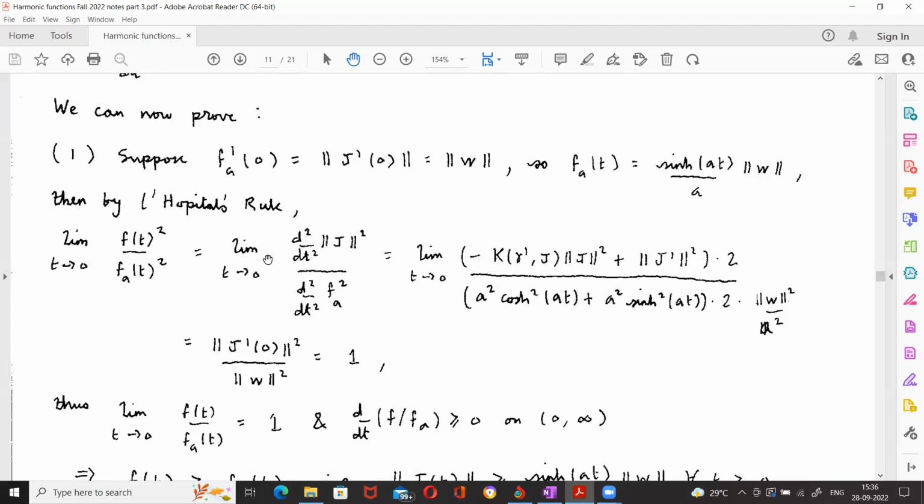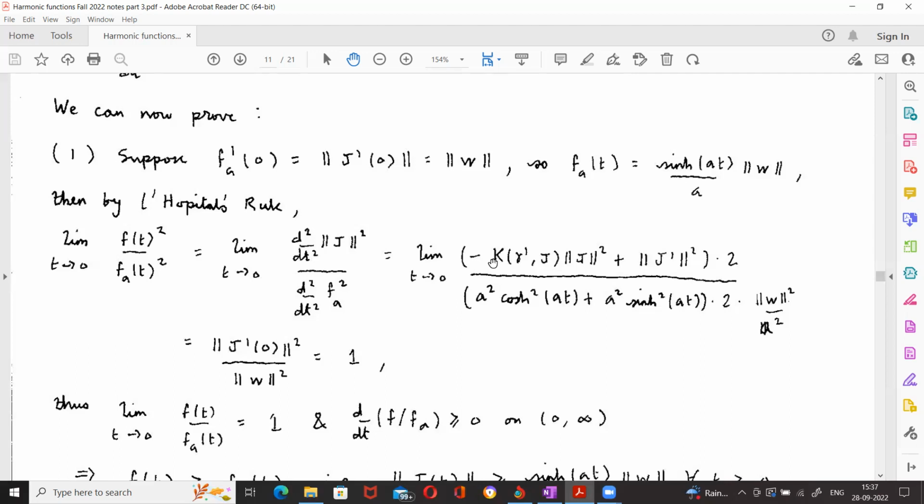Okay. So this becomes the limit as t tends to 0 of d squared dt squared of norm j squared divided by d squared dt squared of fa squared. And now I already know what these derivatives are. The second derivative of norm j squared we've calculated before.